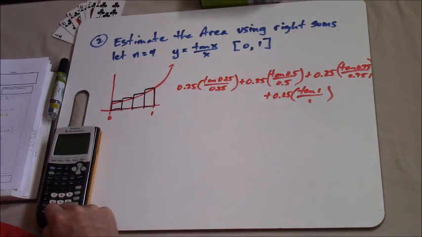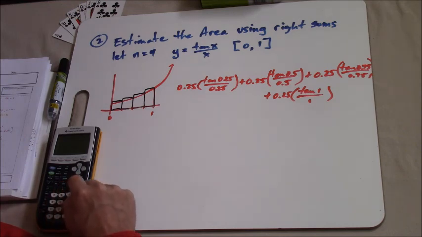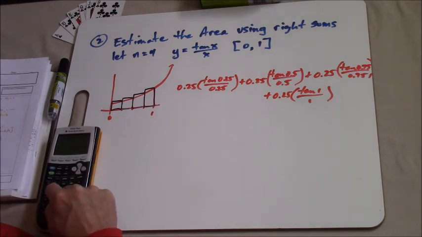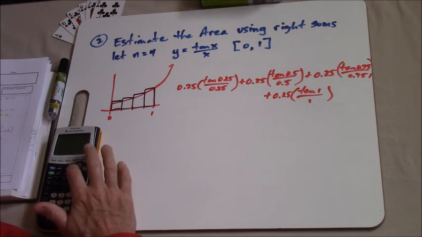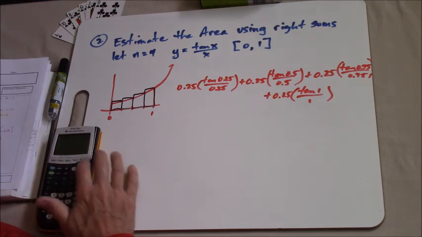So tangent 0.5 divided by 0.5 plus tangent 0.75 close parenthesis divided by 0.75. I'm just going to double check, make sure I'm closing all these parentheses. Yes.